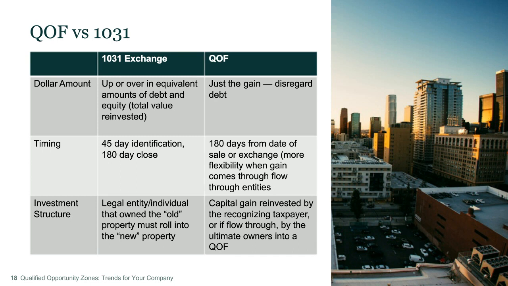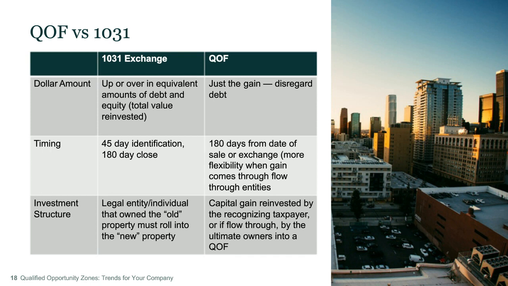There's more flexibility with a qualified opportunity fund, where you can invest even as far up as the individual level when you've got gain coming through a multi-entity partnership structure. So you're not going to end up with a lot of these tenancy in common type structures that you would have with a 1031 exchange.